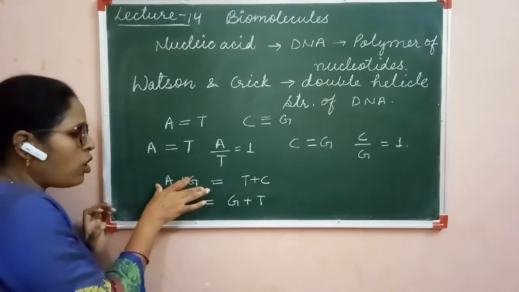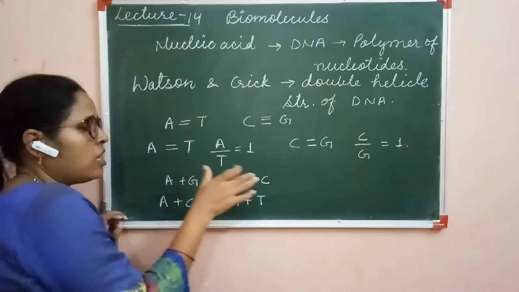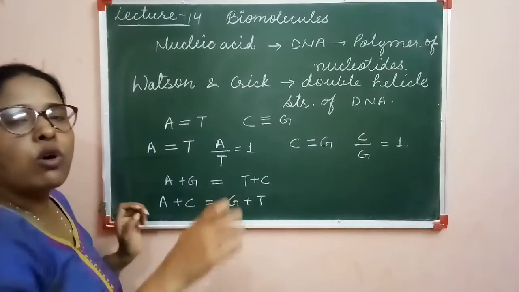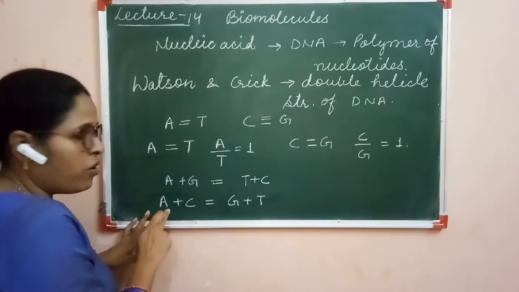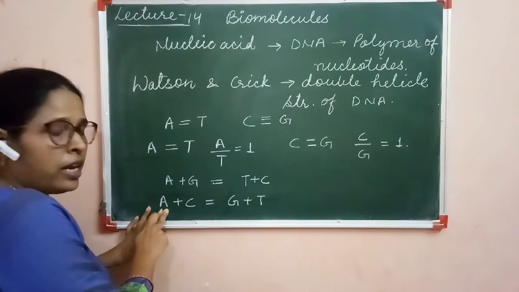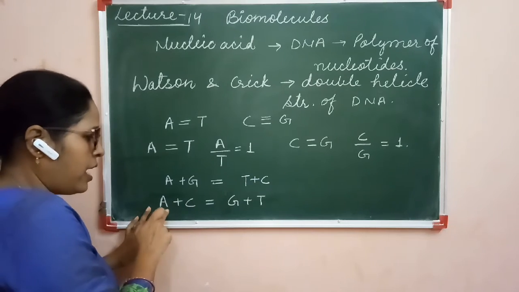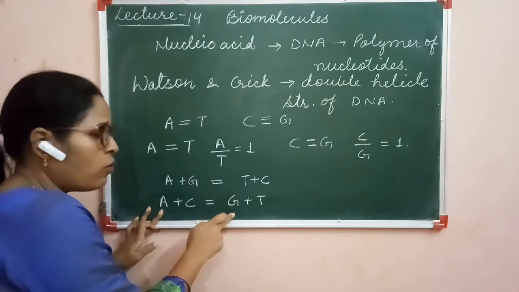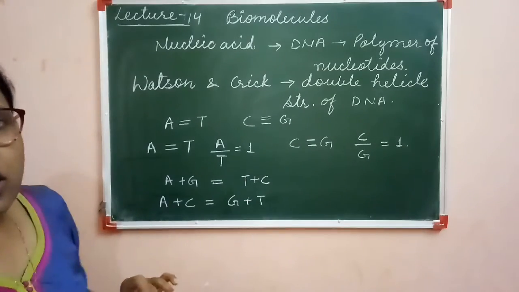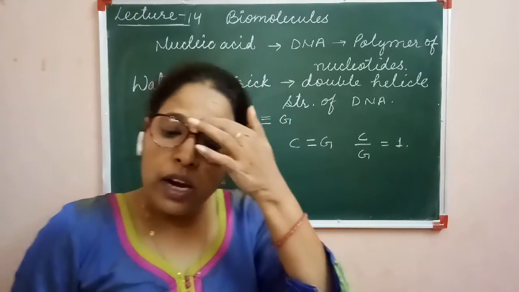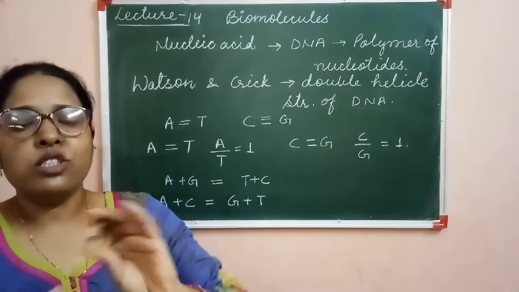The amount of both purines is equal to the amount of both pyrimidines. The amount of one purine and one pyrimidine, that is A plus C, is equal to G plus T, the amount of guanine and thymine.